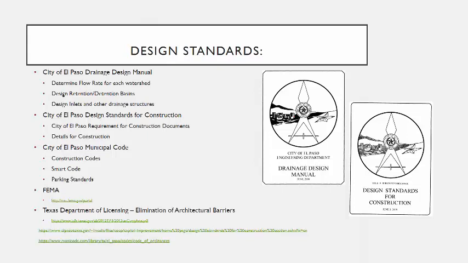Now, what happens with the Drainage Design Manual is that if you download it directly from the City of El Paso, for some reason the whole manual is not downloading, so it's going to be incomplete. But I have downloaded the complete manual in Blackboard, so you will have access to that.